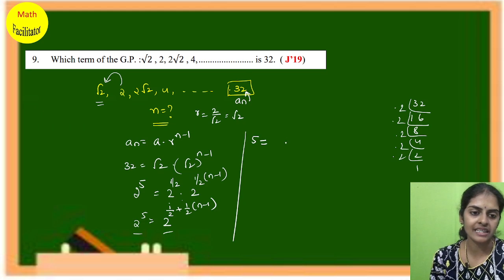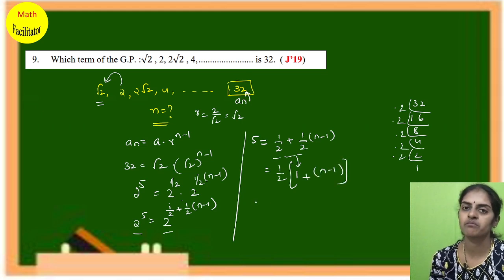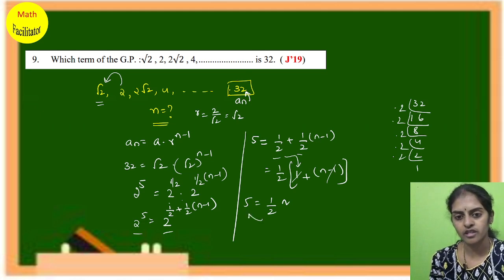So the power on the LHS is 5, equal to 1 by 2 plus 1 by 2 into n minus 1. You can take 1 by 2 common from these two. So here 1 is remaining and here n minus 1 is remaining. So 1 by 2 into, plus 1 minus 1 will get cancelled, you will have n. So this is 5. Cross multiplying by 2, you will get n as 10.